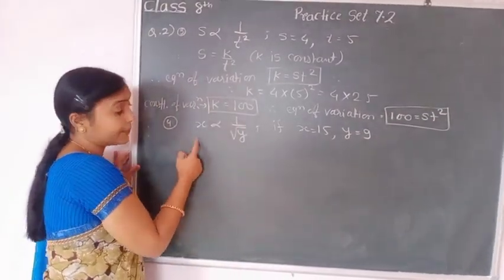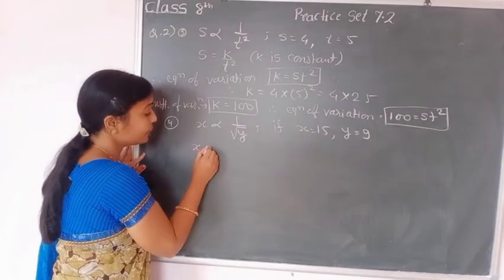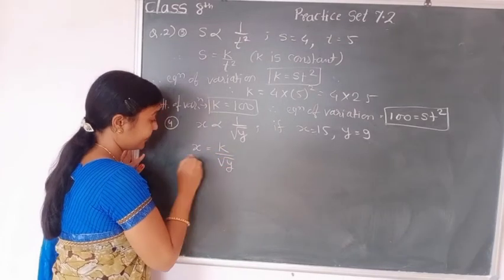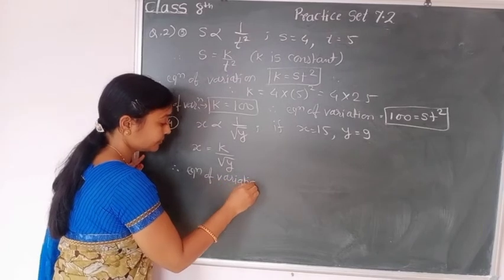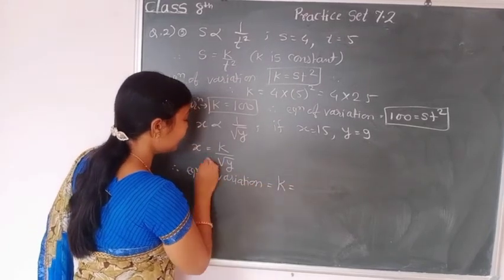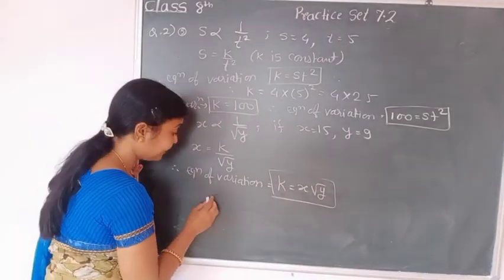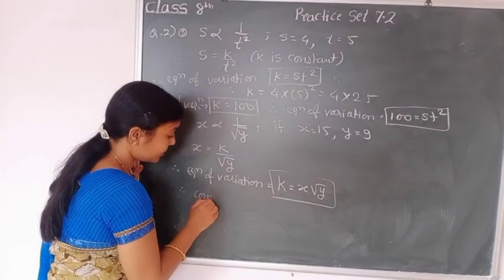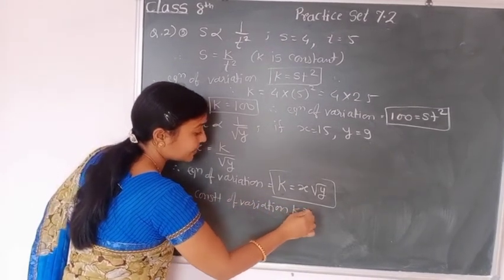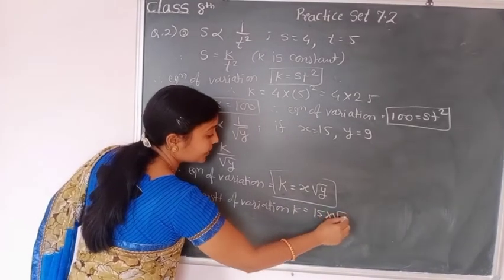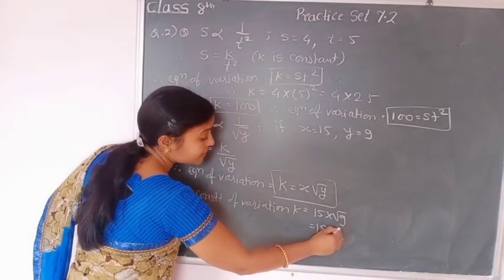Now, in the 4th example, x is inversely proportional to the root of y. Therefore, x is K upon root y. Therefore, the equation of variation is K is equal to x root y. So first we find out the constant of variation K, which is equal to 50 into root 9, that is 15 into the square root of 9, which is 3.